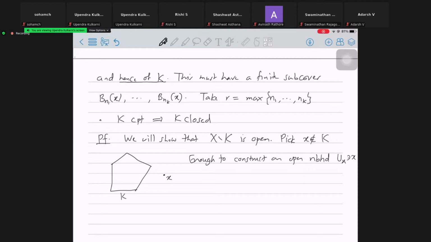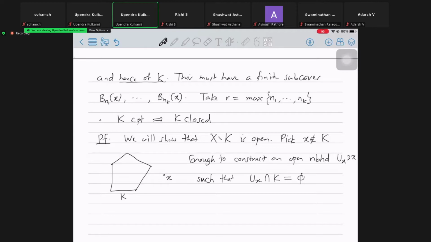That does not intersect K, such that U_X intersection K is empty. So is this clear? We are simply putting the various players in place. We are putting in place a strategy along with a requisite terminology, right?